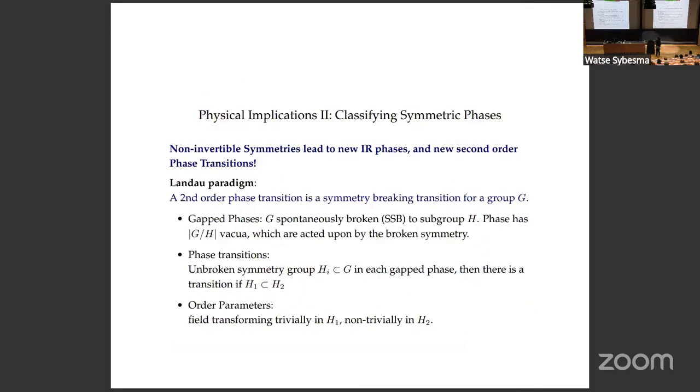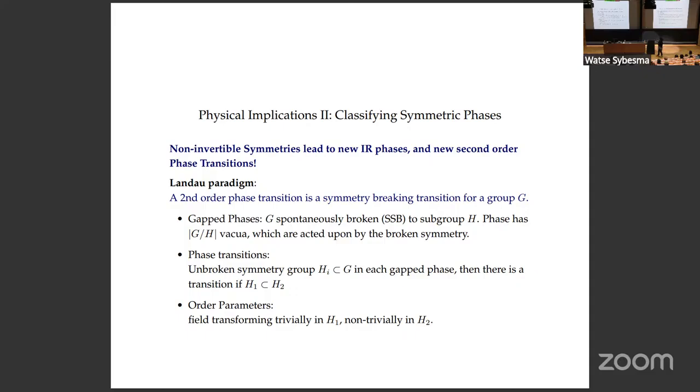The other implication: if you have a non-invertible symmetry, it's a slightly more condensed matter question, but it's also something you can ask about phases of quantum field theories. Namely, when you have non-invertible symmetries, do they lead to new IR phases and phase transitions?